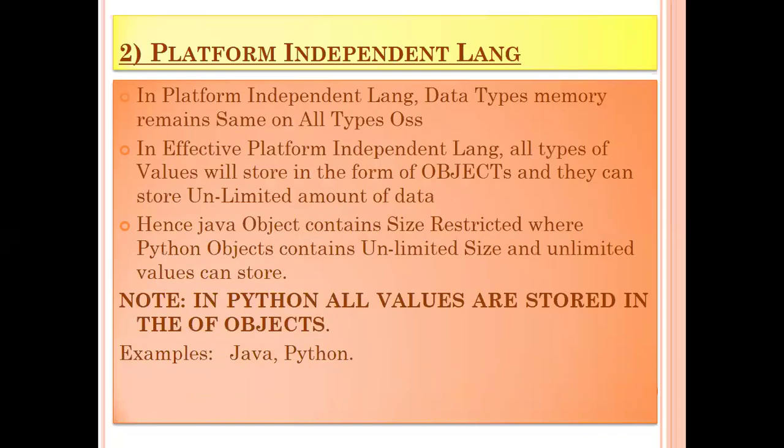Let's proceed. Java objects are size restricted, whereas Python objects contain unlimited size and unlimited values can be stored. In Python, all values are stored in the form of objects.